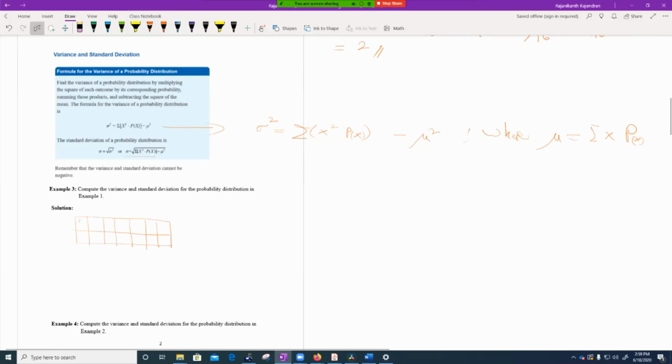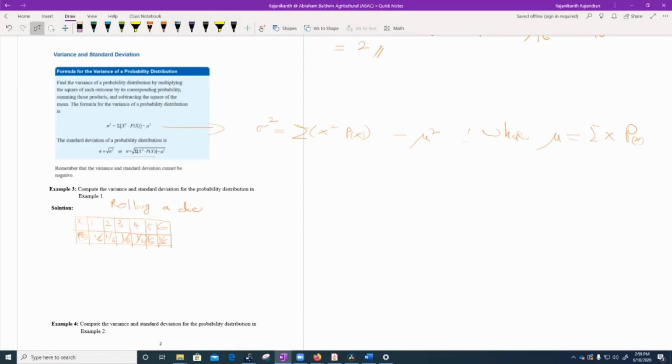This is the data value and this is the corresponding probability. For rolling a die, we have 6 different values, and each one has the same probability of 1/6.